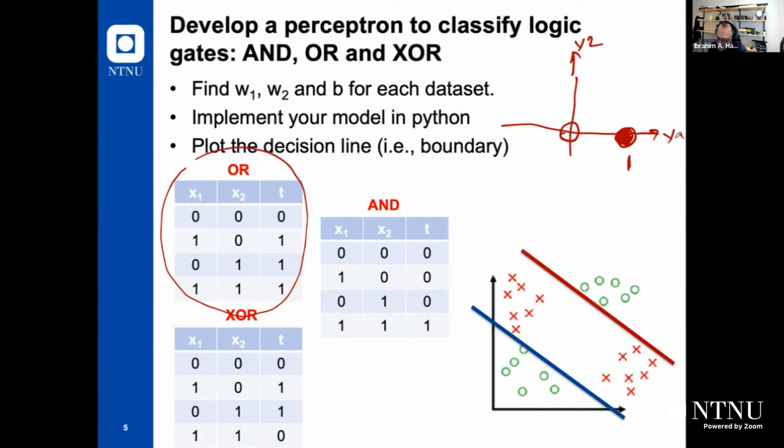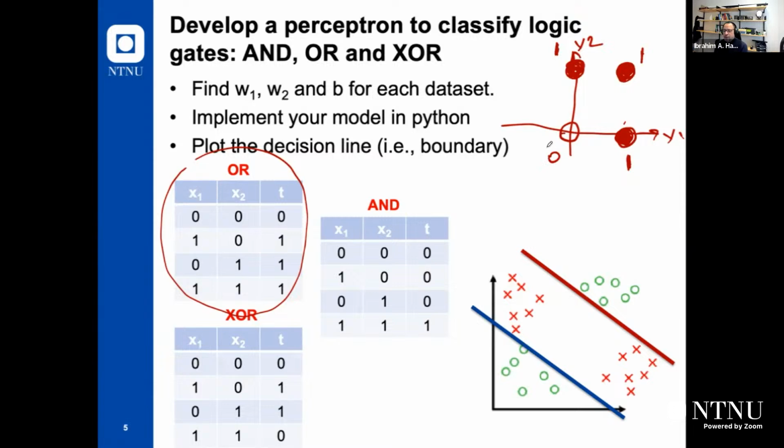When it is 0 and 1, so X1 is 0 and X2 is 1, it will be another point here. 1 and 1, both X1 and X2 are 1s, so it will be like this one. So this is, in fact, the OR data set, right? I will label this one with 1, this one with 1, this one with 1, and this one will be 0. Can you draw a line to classify this problem?